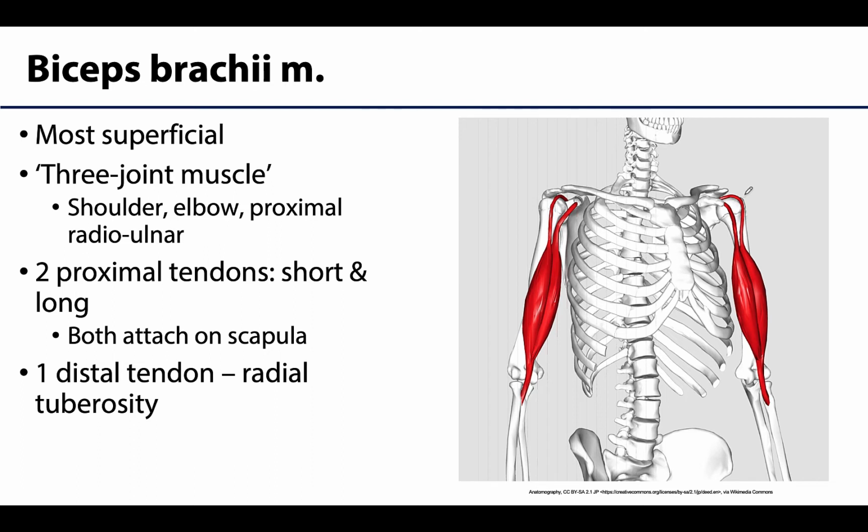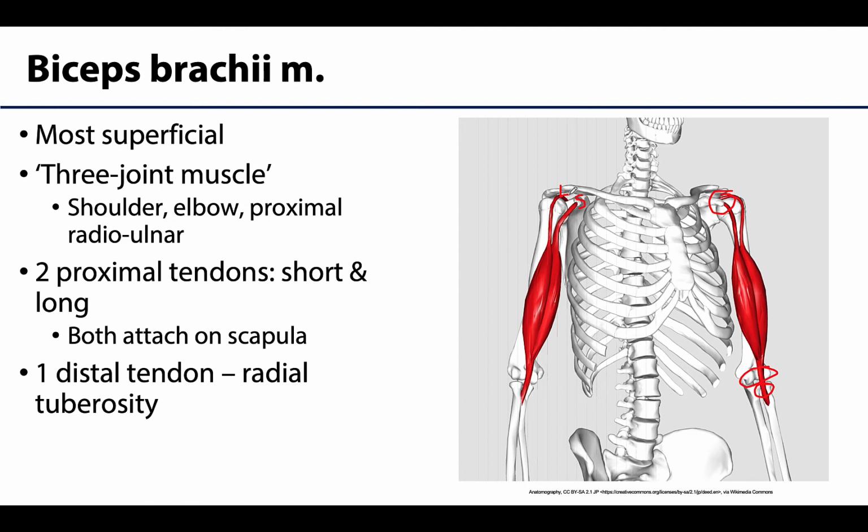So this would include the shoulder joint, the elbow joint, as well as the proximal radio-ulnar joint. As the biceps portion of its name might suggest, there are going to be two proximal tendons, most typically referred to as heads. So two heads called the short and the long heads.